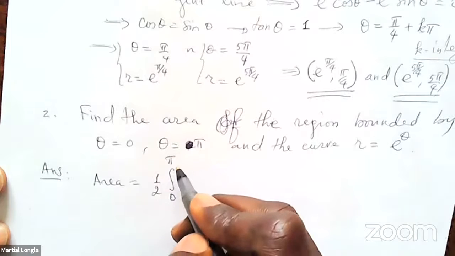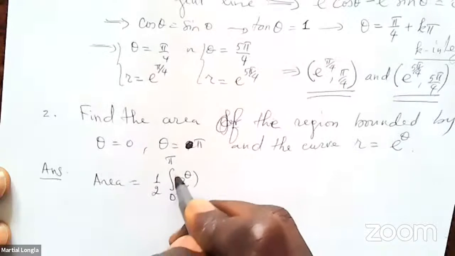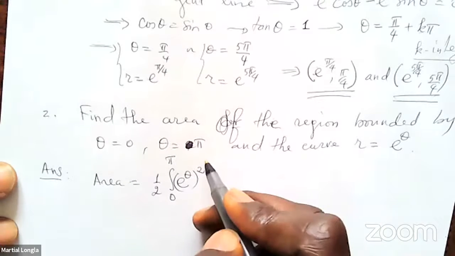So a half integral from 0 to pi of e to the theta squared d theta. That's right. And then it equals e to the 2 theta.